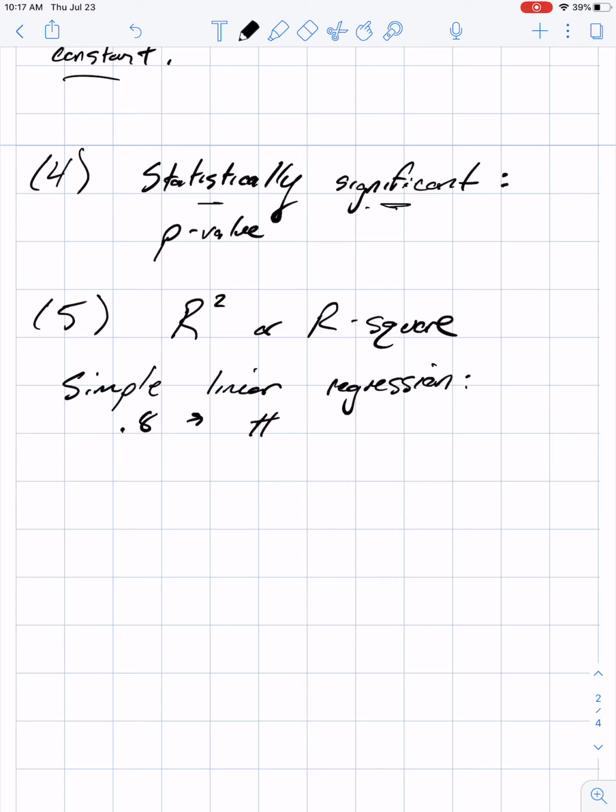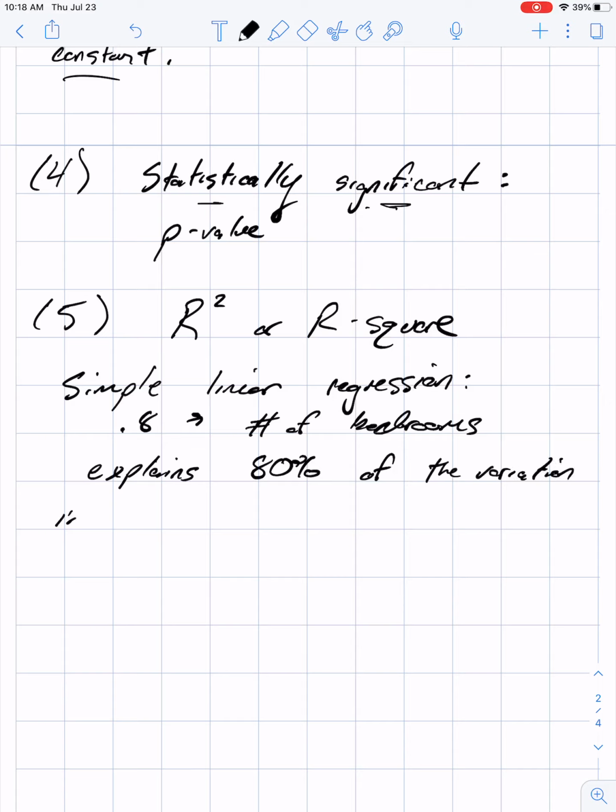number of bedrooms explains 80% of the variation in house prices. Right? So we collect some data and say, look, house prices vary. We know that, right?